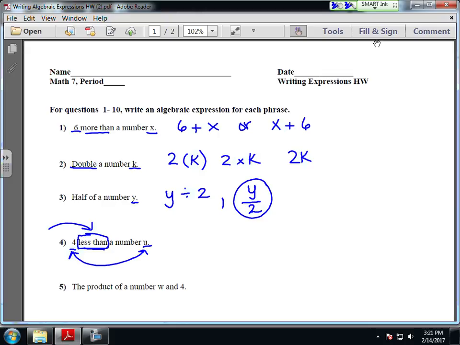So, in this case, I'm going to write the U first, then the less than, then the 4. Whenever it says less than, you cannot write it in the order it's written. You must switch it.